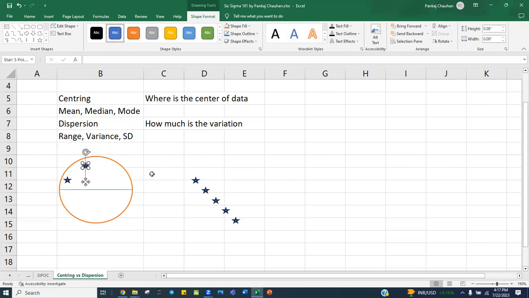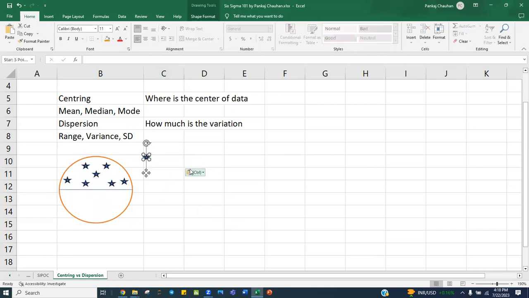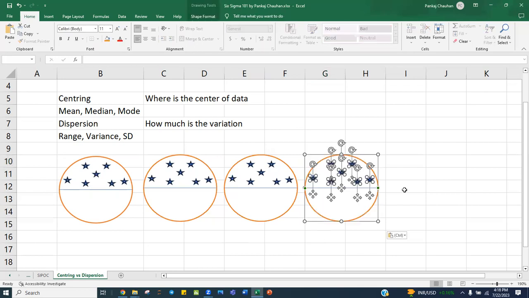One was here, two was here, three, four, five, maybe six, or seven. And let me make four different scenarios for you to understand it very easily: one, two, three, and here is the fourth one.